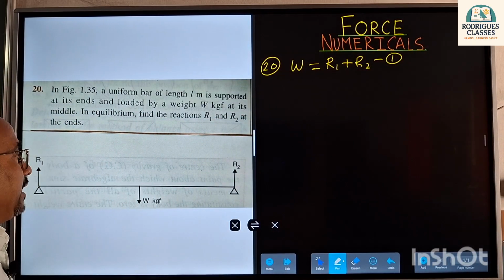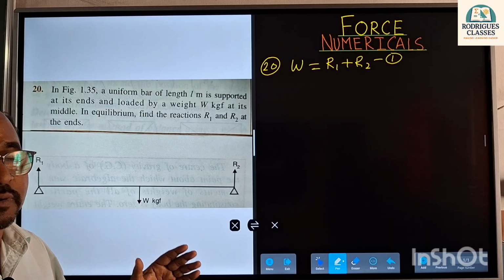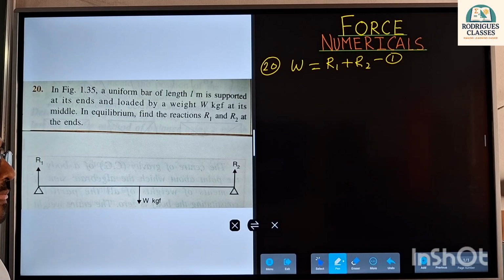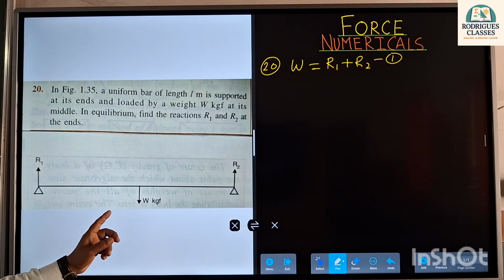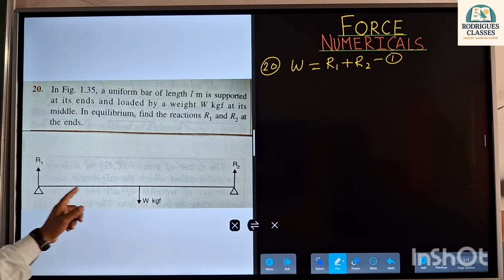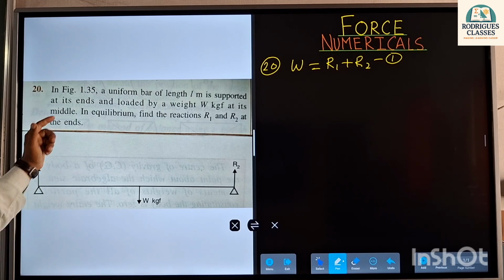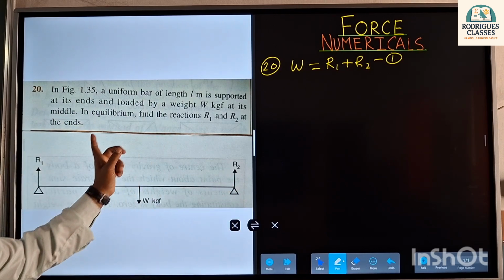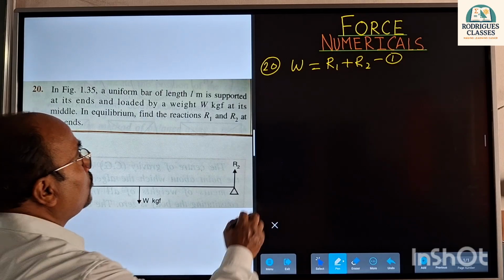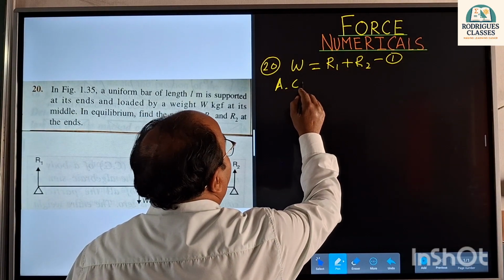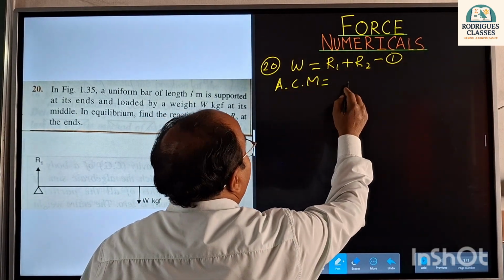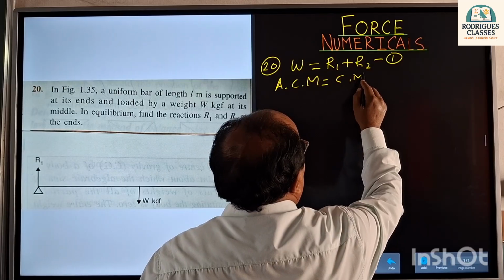Then we will apply the principle of moment here. The weight which is there is trying to turn it, and the distance is L by 2. This R1 will try to turn it this side, so it will be clockwise, and this one will try to turn it anti-clockwise. So we write anti-clockwise moment is equal to clockwise moment.